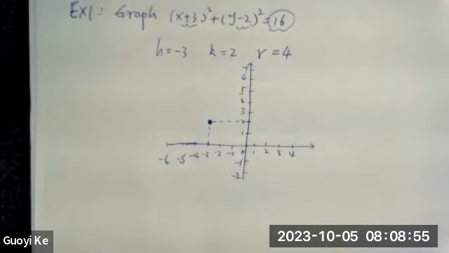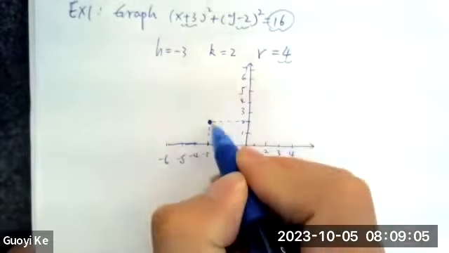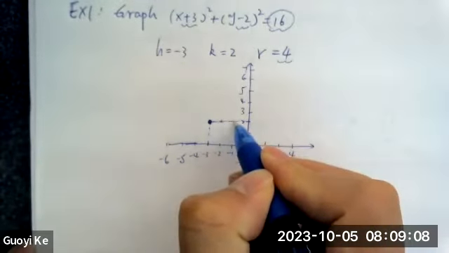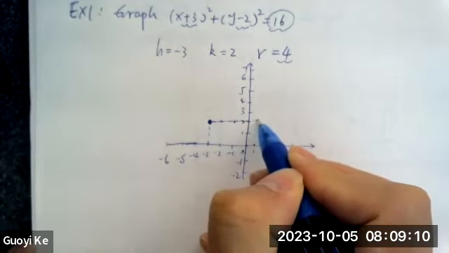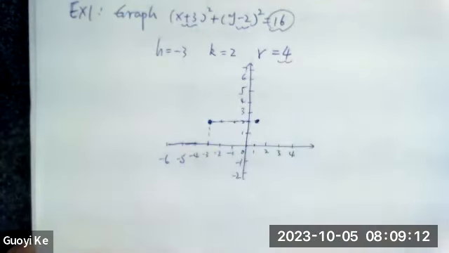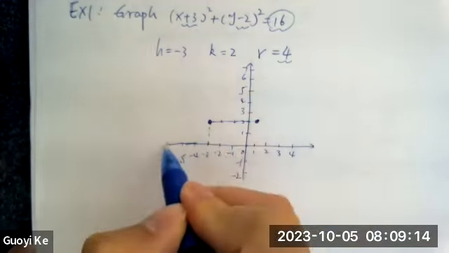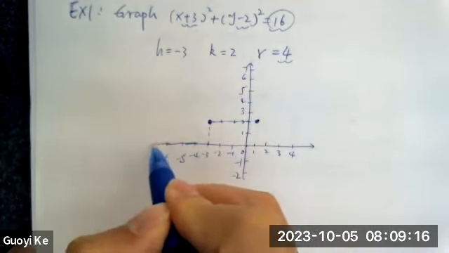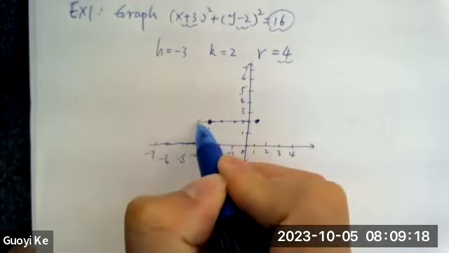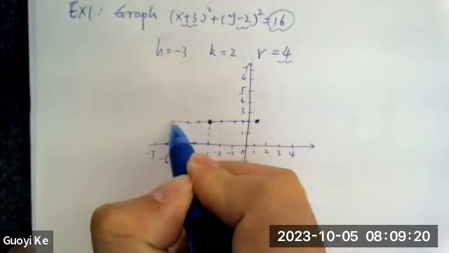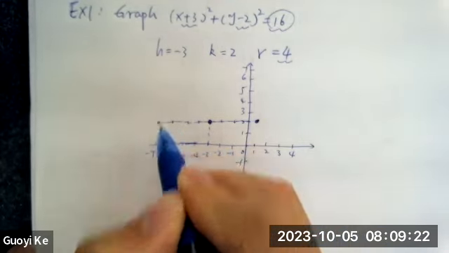Now we have the radius, that is 4. So that means what? Forward 4 units. Move forward 4 units here, backward 4 units here. 1, 2, 3, 4.